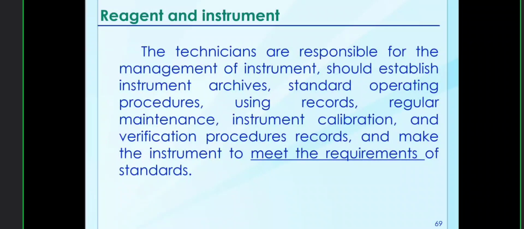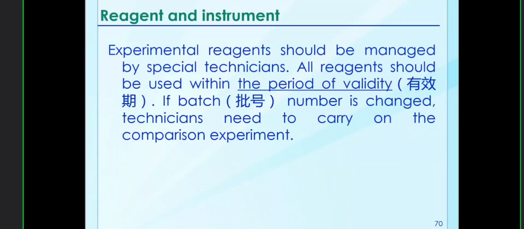Next is about the reagent and the instrument. The technicians are responsible for the management of the instrument, should establish instrument archives, standard operation procedures, using requires regular maintenance, instrument calibration and verification procedures requires, and makes the instrument to meet the requirements of the standards. Experimental reagents should be managed by special technicians.